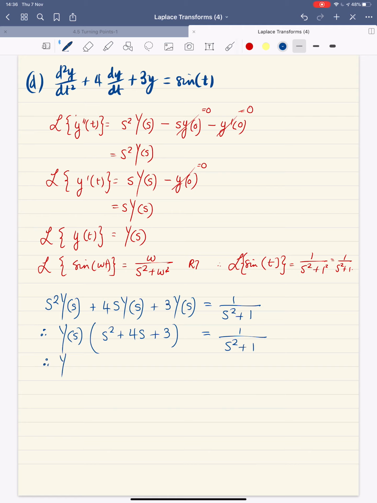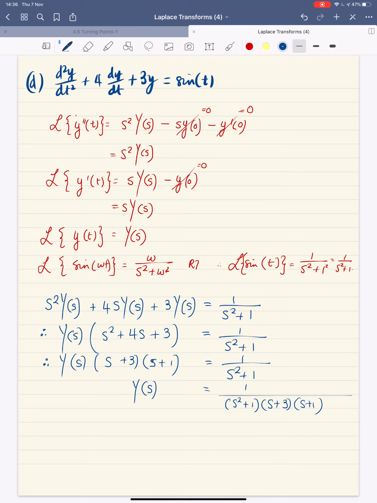This factorises: it's (s plus 3)(s plus 1), and that's 1 over s squared plus 1. So Y(s) equals 1 divided by (s squared plus 1)(s plus 3)(s plus 1).